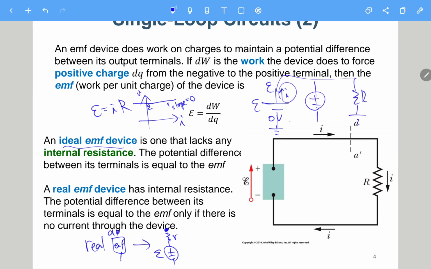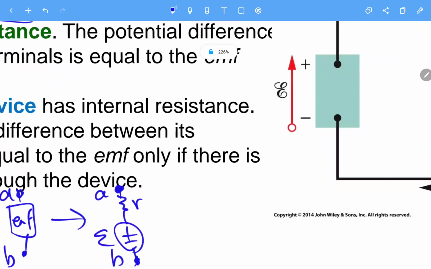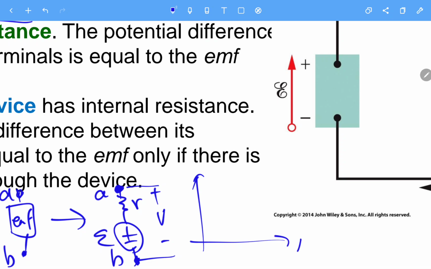For example, this is A, this is B. When you look at the voltage V versus I, it will be something like this with a negative slope. The slope will be negative R.